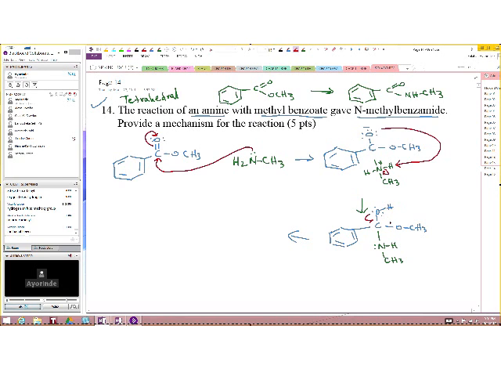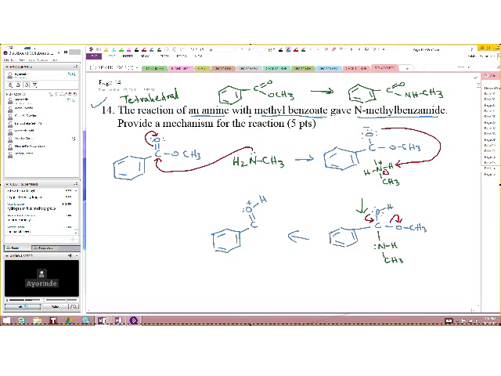If we do that, this goes away. And then what do we get? We get this. You just keep track of all of your electrons. So now we have this here. Keep in mind the hydrogen is still here, so this is now positively charged.